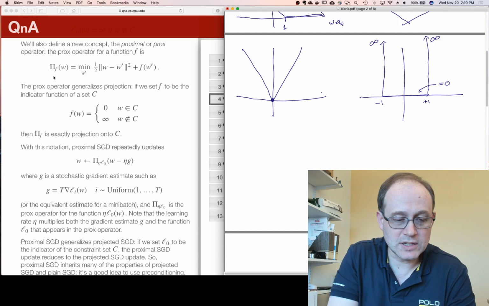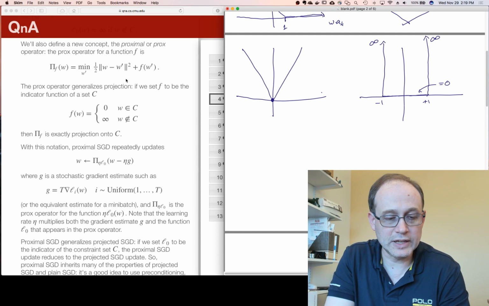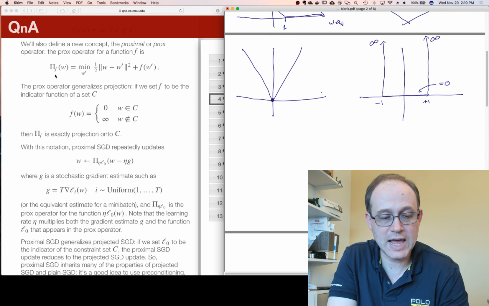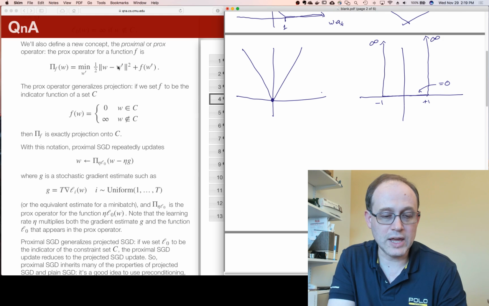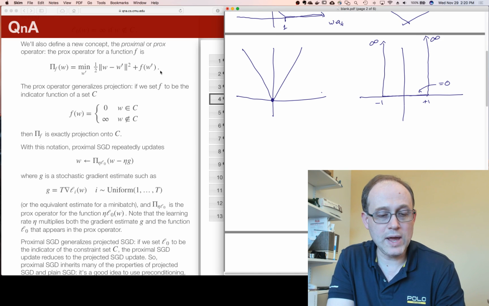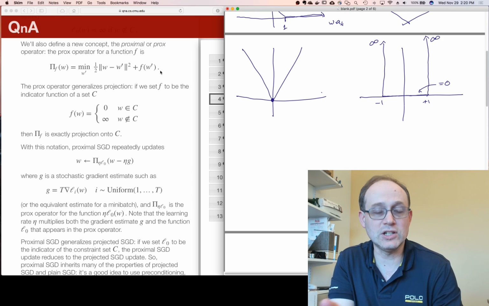Proximal SGD is based on a minimization problem that looks like this. We'll call it the proximal operator for a function f, which is to minimize the squared difference between your old weight vector and your new one, plus f of your new weight vector. This is a weird looking operator, but one way to interpret it is as a generalization of projection.